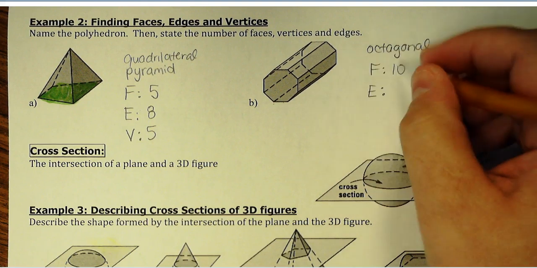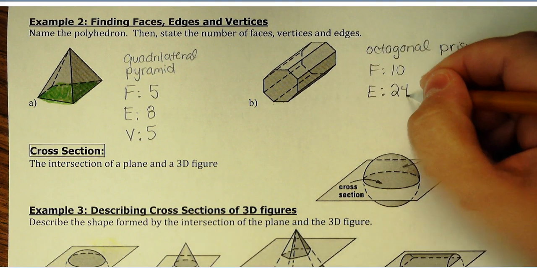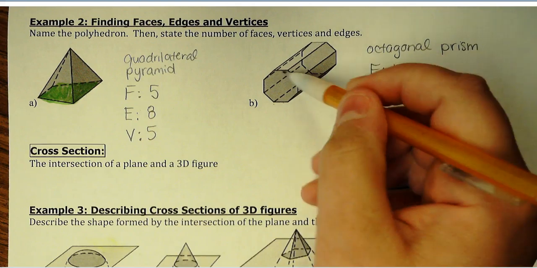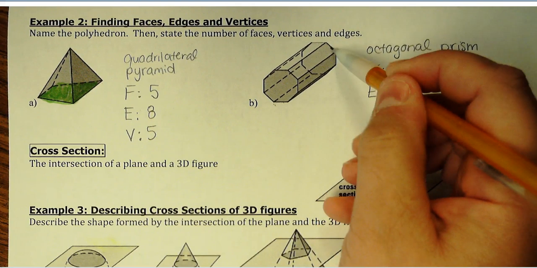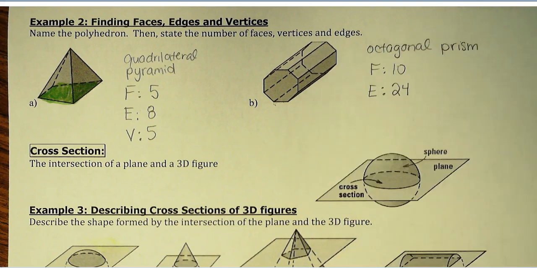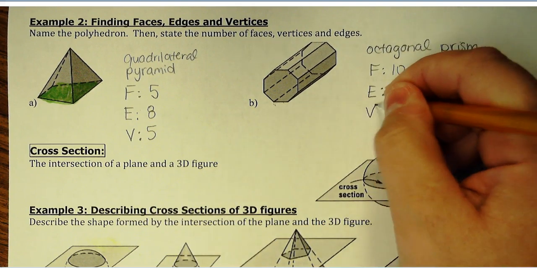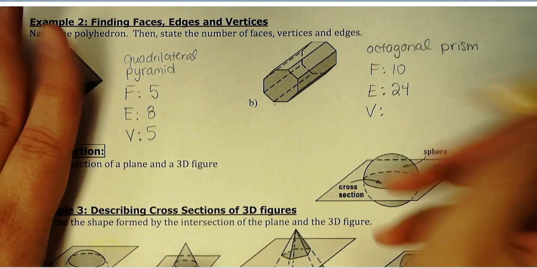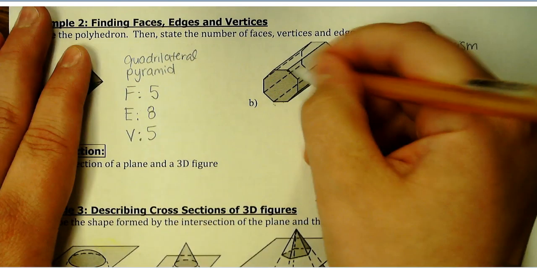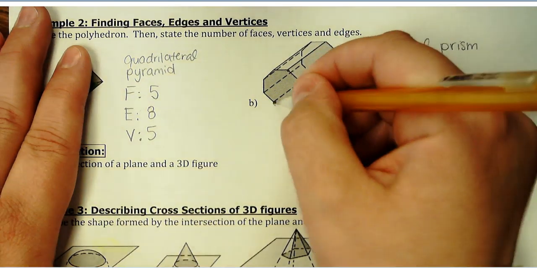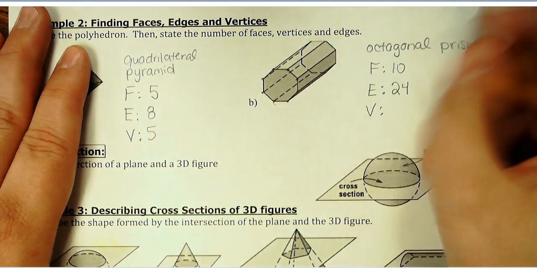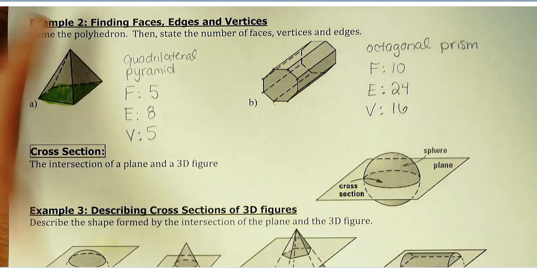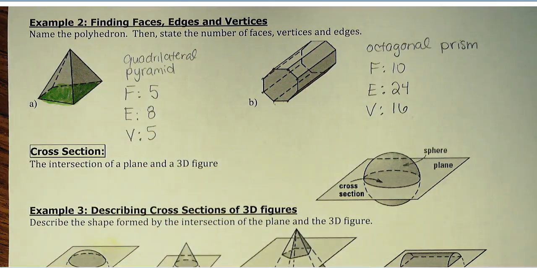So I should have 24 total: 8 around each one of these bases, the same thing around this base, and then 8 between each of the rectangles. And the vertices are the corners. So here I've got 1, 2, 3, 4, 5, 6, 7, 8, and I would have 8 again around that. So we're going to have 16. All right, and that's all we have to do.